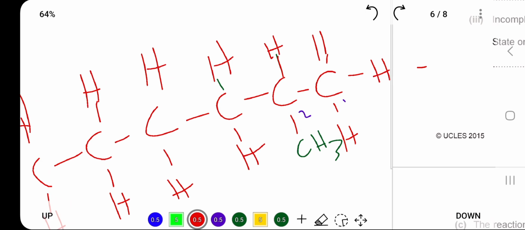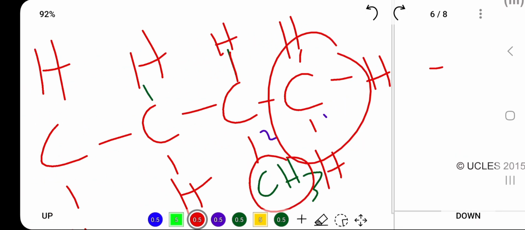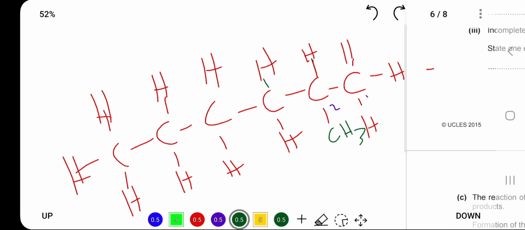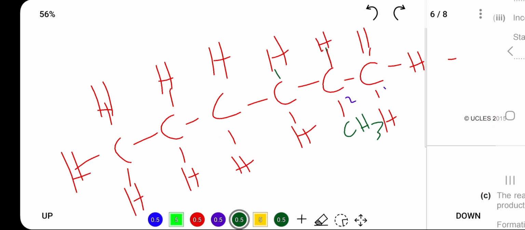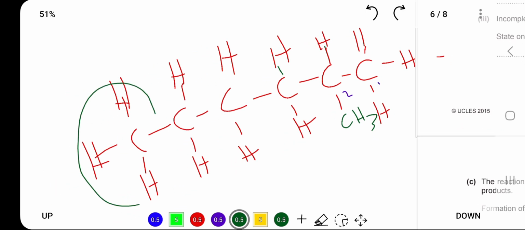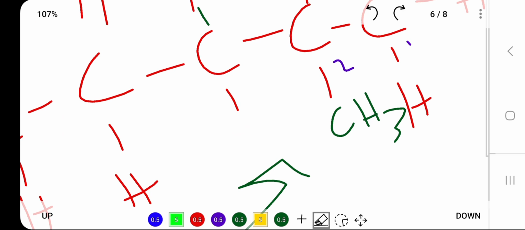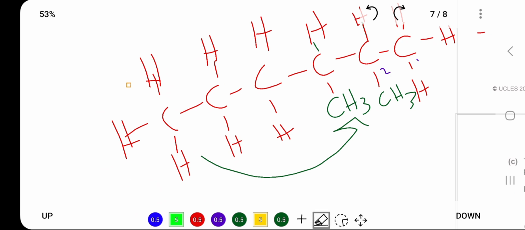This is still not the answer, since you have CH3 here and CH3 here, so it's wrong. What if I again moved something else? What if I moved the CH3 here and put it near the other one? Do you understand the thing I'm doing? Basically, I'm playing with it until I get the answer.